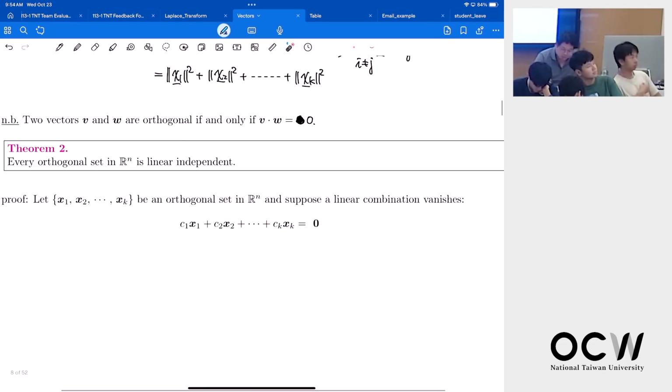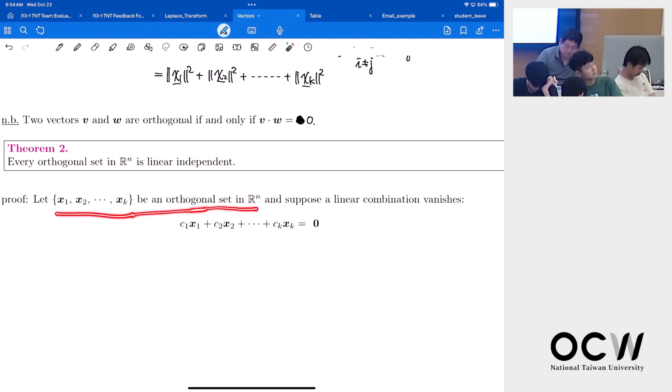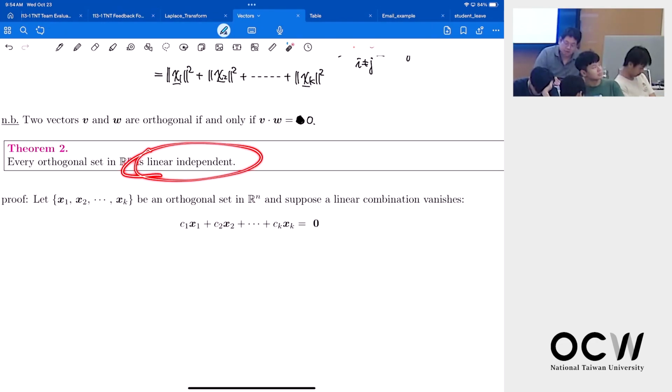So how do we prove that? Let's create an orthogonal set, say x1 to xk. They are an orthogonal set in Rn. What does linear independent mean? I cannot find coefficients, or the coefficients should be 0, if I do the linear combination for your set.